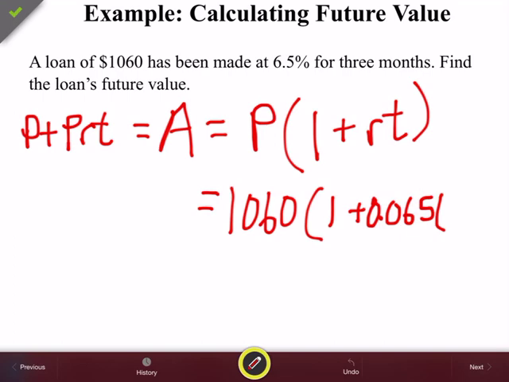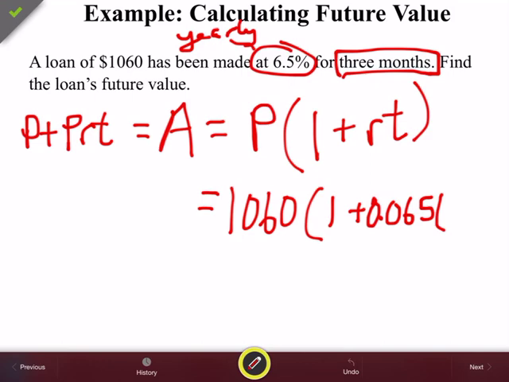Now, time here is what I was mentioning before. So these are in months, but when it isn't specified, the rate is assumed to be in years. So this is yearly. Sometimes it'll specify a different time amount, but here we assume yearly.